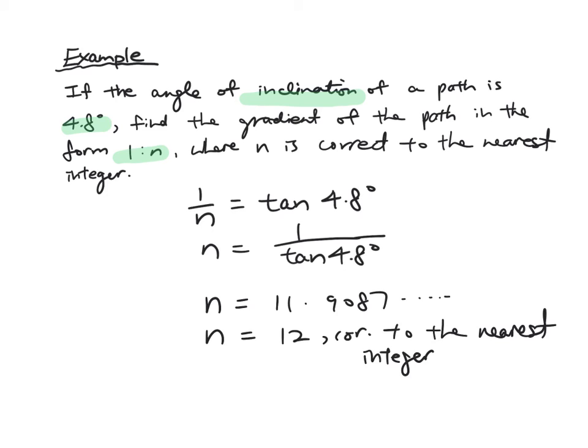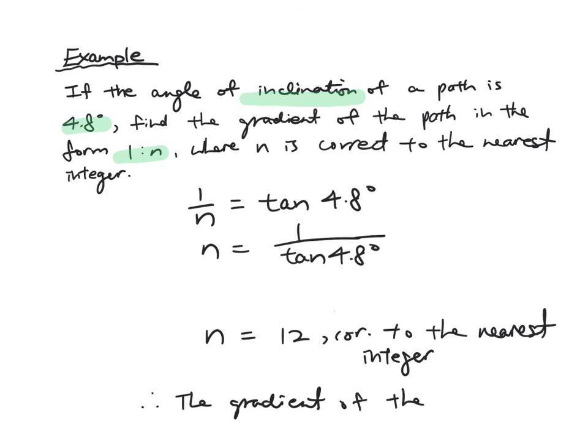So therefore, the gradient of the path is 1 to 12. To make a gradient easier to read, n is usually correct to the nearest integer.